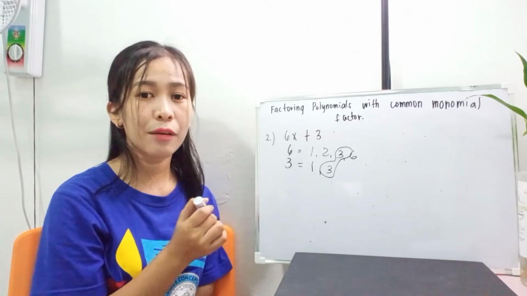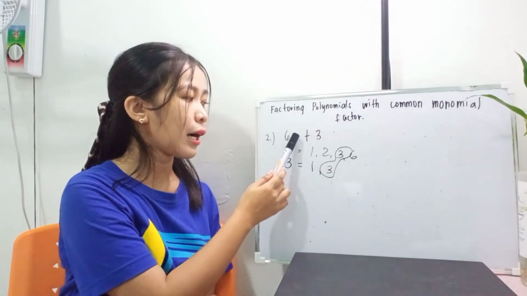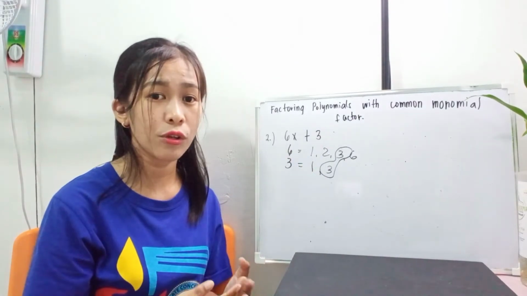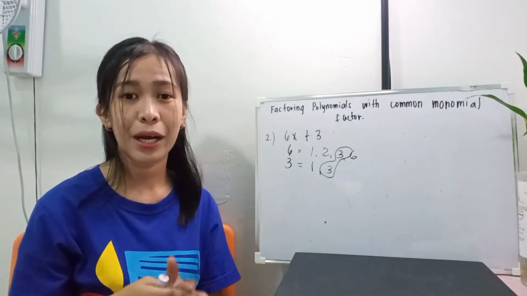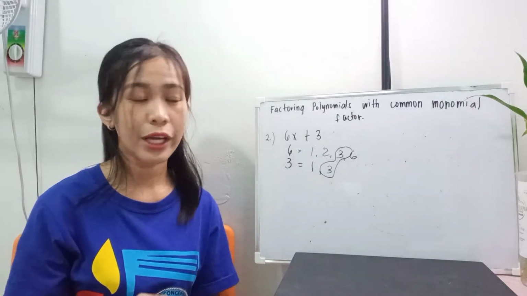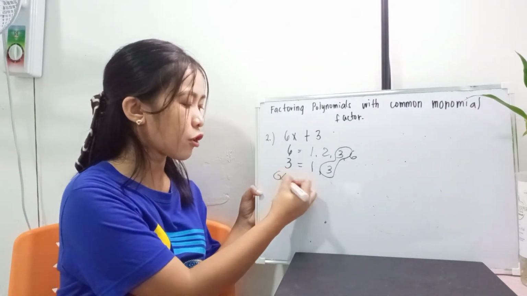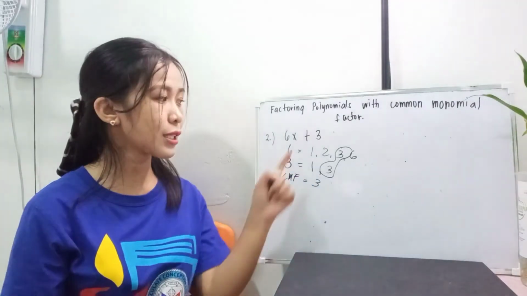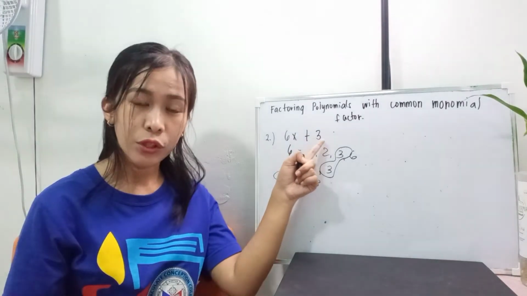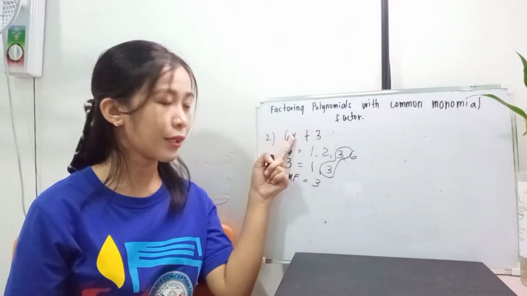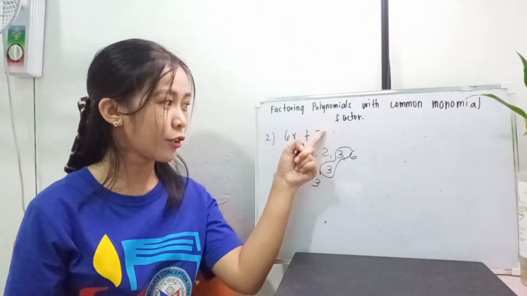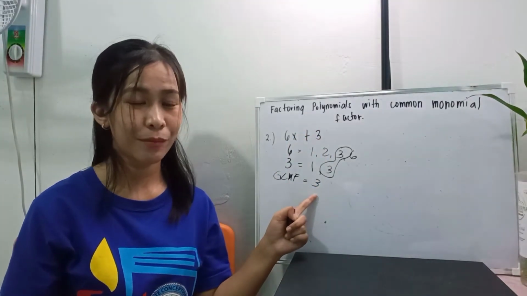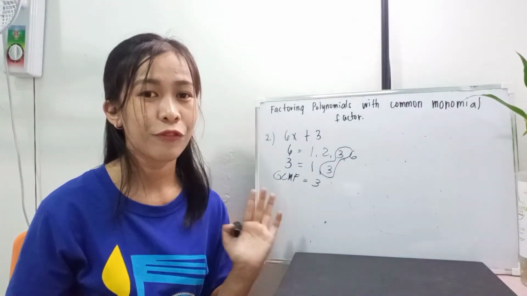Since si 6 lamang ang mayroong variable dito, and ang exponent ni x dito is 1, and si 3 is wala siyang variable, hindi na natin sila kailangan pang hanapan ng variable. Okay? Meaning to say, the greatest common monomial factor we have is already 3. Okay? Since 1 to, and ito ay 0, so sino pinakamaliit kay 0 at kay 1? Diba si 0? Therefore, since wala itong variable, hindi na natin siya hanapan ng variable. Ito na yung pinaka greatest common factor natin.